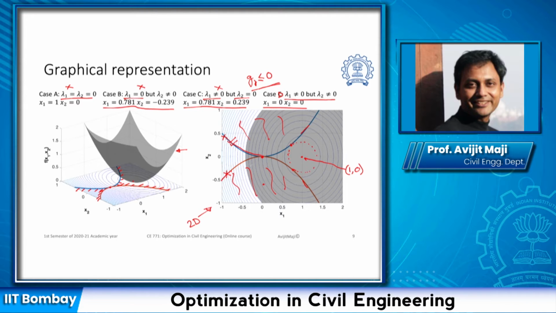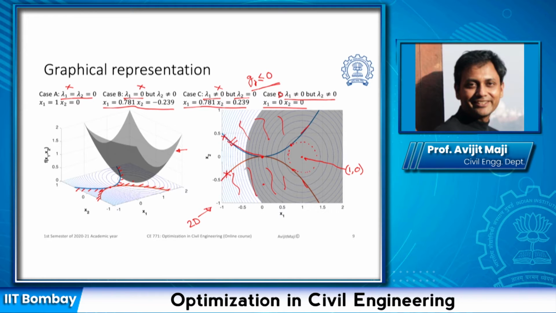Since we cannot decide whether the solution is the maximum or minima, that's why when we estimated the lambda values, or the Lagrange multipliers, we found that both the values were 0. Both taking positive values would indicate that it is the minima point, and both taking negative values would indicate that it is the maximum point. So we are not in a very clear situation where we can say it is a maxima or the minima.